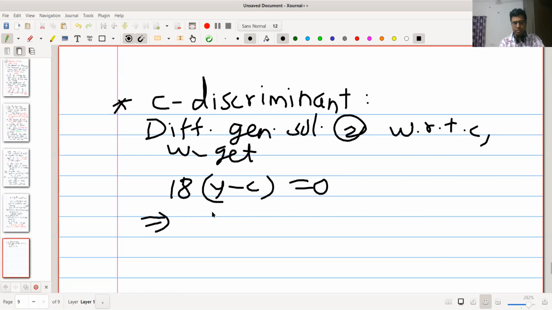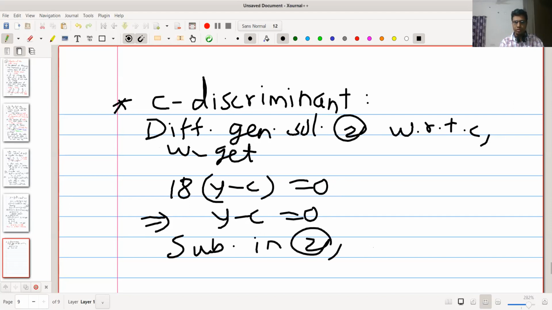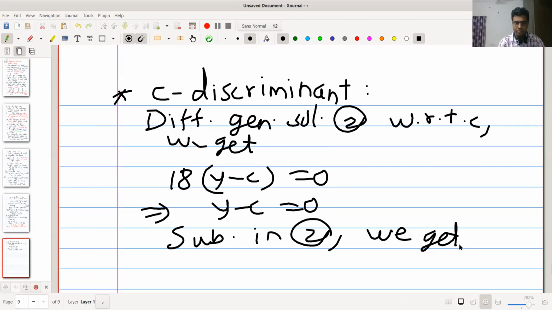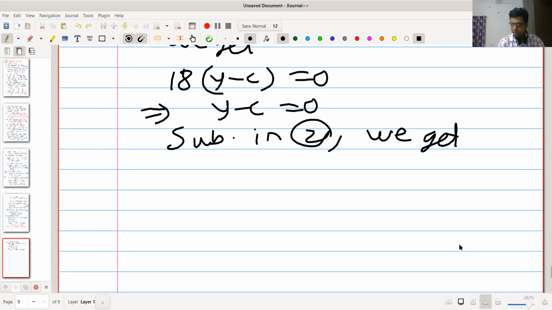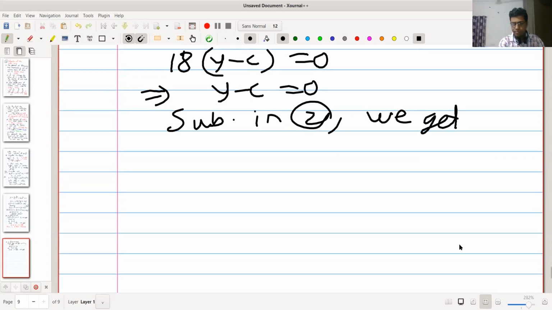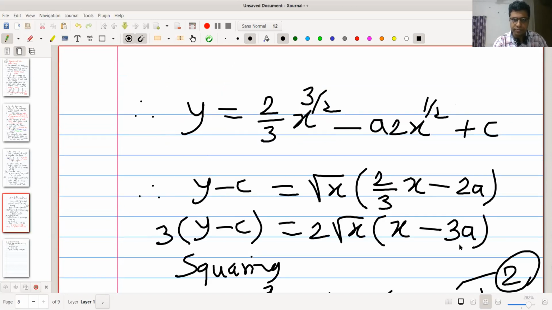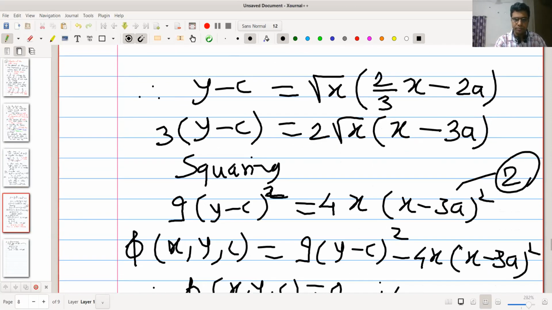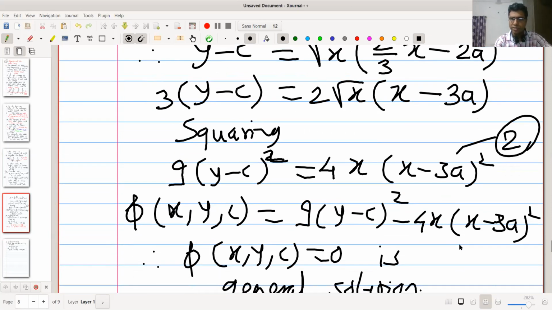This means y minus c equal to 0, and we substitute this in 2. Substituting in 2, we get 4x into x minus 3a square equal to 0.